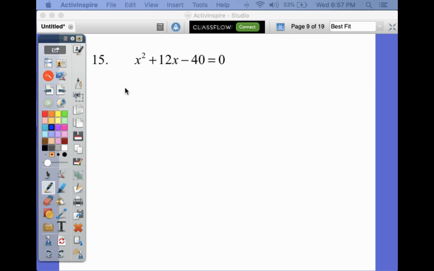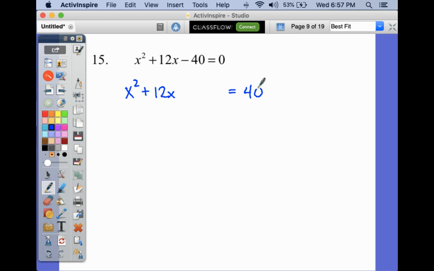So, completing the square, we're going to have x squared plus 12x, moving the 40 over here, and then we're going to add to both sides half of 12 squared. So half of 12 is 6, and 6 squared is 36. That then factors as x plus 6 squared equals 76.